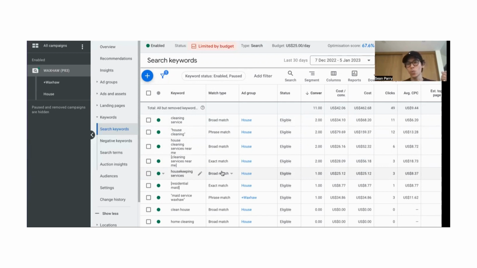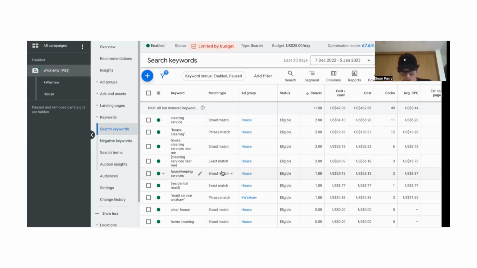Because if we can, we know they're going to get us the highest conversion rate, but often it's not sufficient. So we have to then introduce phrase match and broad match keywords to get greater click volume, to get the leads. So that's one of the important balancing acts that we do when we're running these types of campaigns.